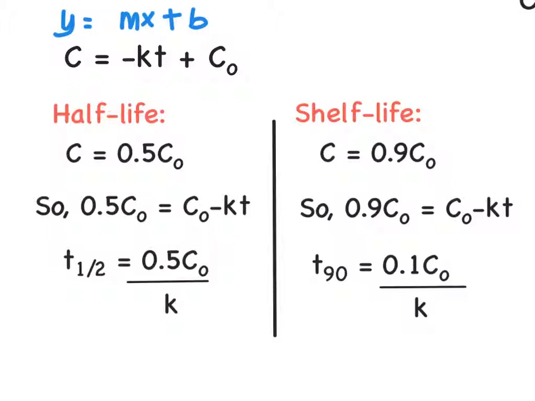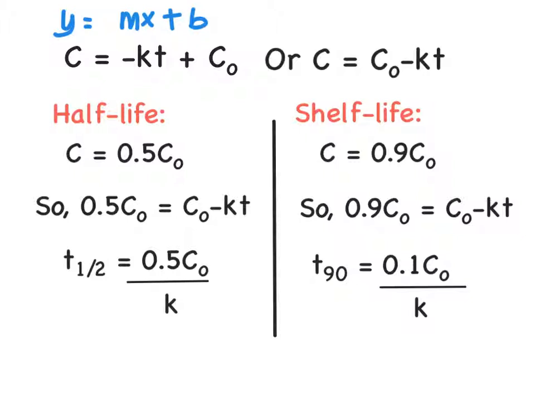So here our concentration is going to be equal to negative k, which was our slope, negative since we're losing drug over time, times our x, which is time, plus our intercept of C0, our starting concentration. You can just rearrange that to give you C equals C0 minus KT.